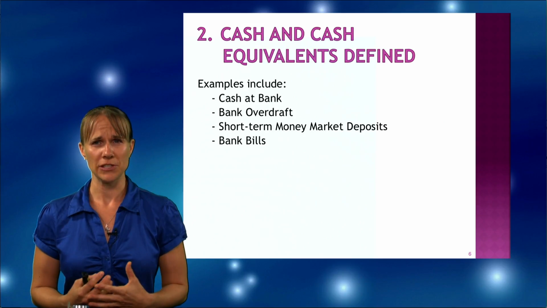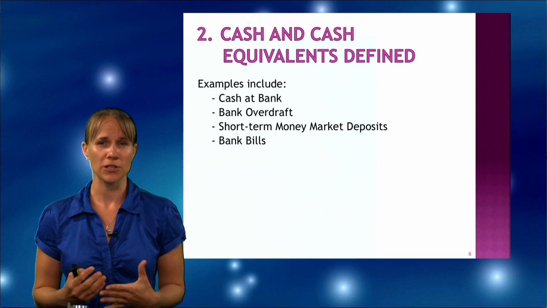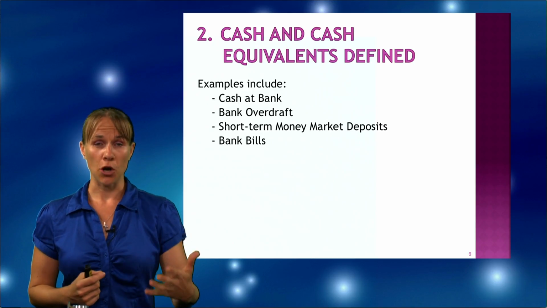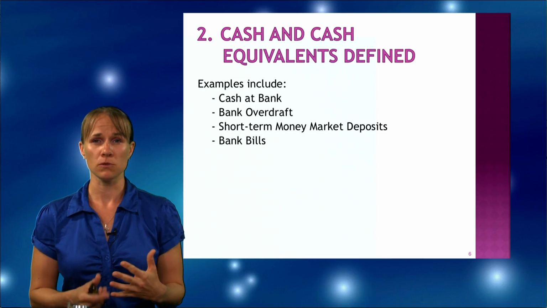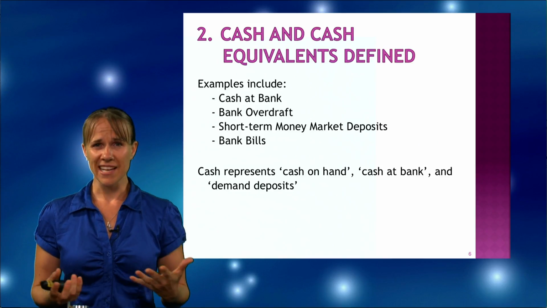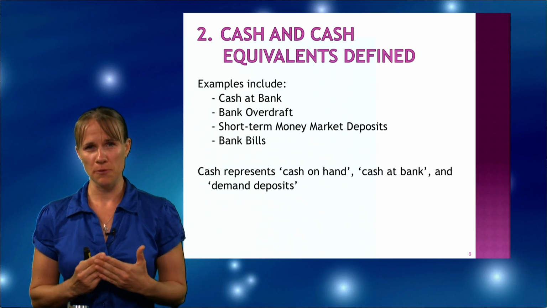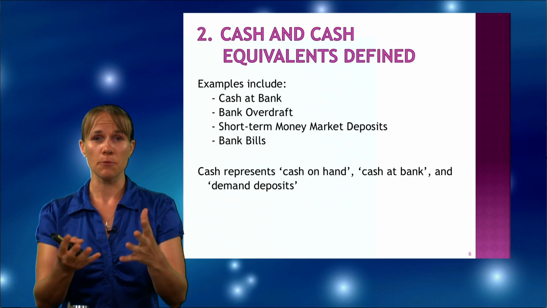Now putting some definitions around cash and cash equivalents. So examples of cash and cash equivalents include your cash at bank, overdrafts, short-term money market deposits, bank bills. Cash represents cash on hand. It can be cash at bank, and it can also be demand deposits. So what we mean by demand deposits is your bank account.